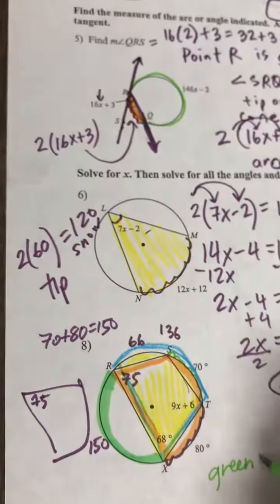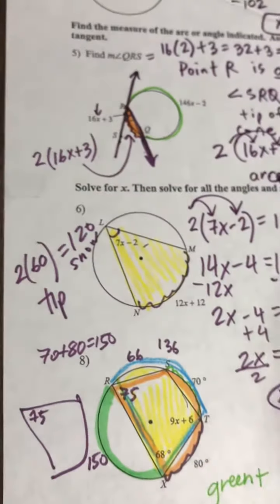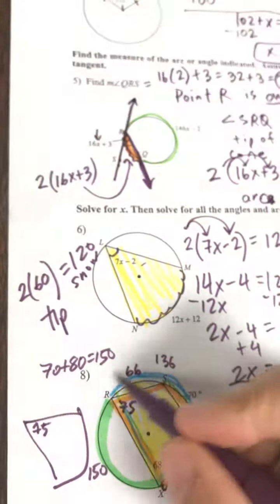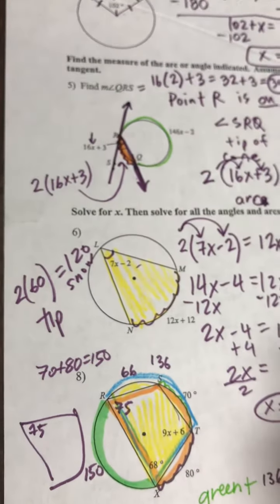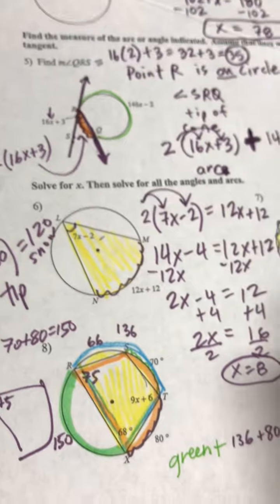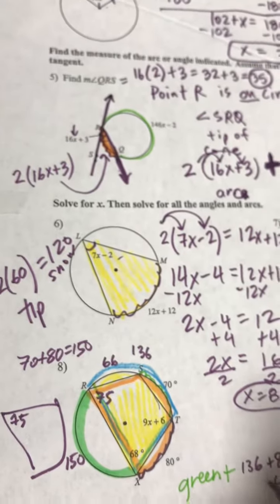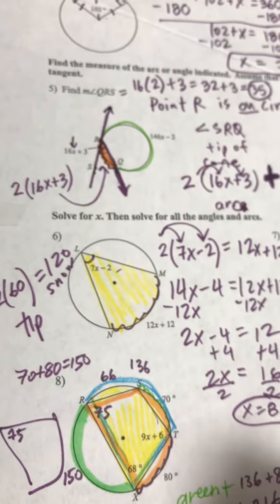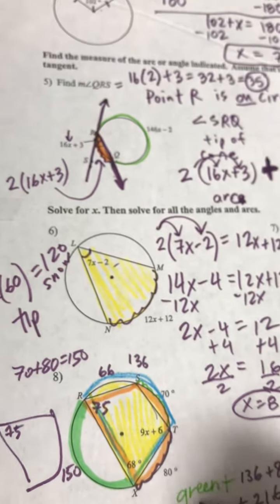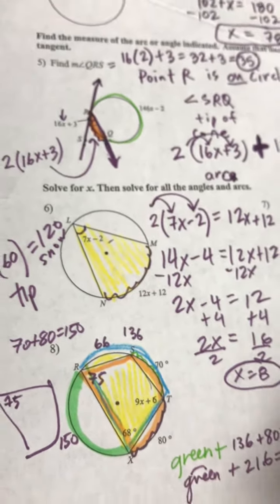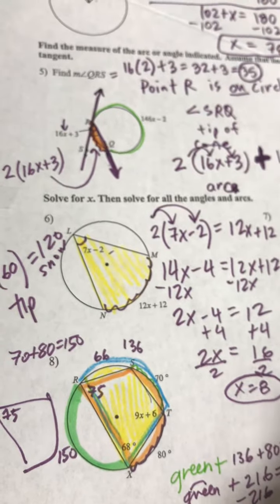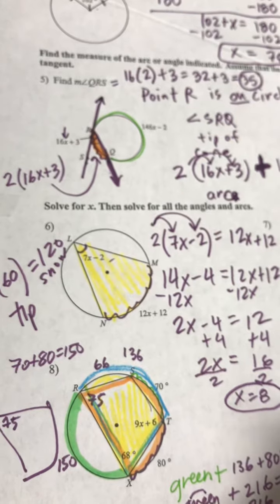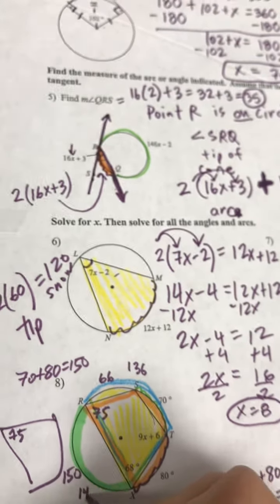Okay, so the green arc plus the blue arc, 136, plus this purple arc, 80, all has to add up to 360. Okay, so the green arc is 144.